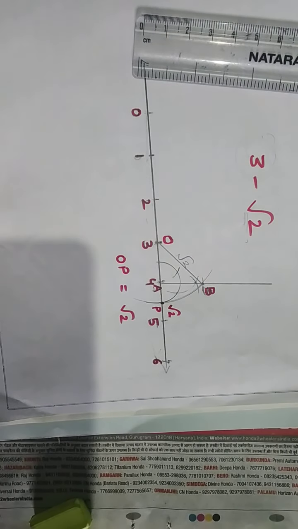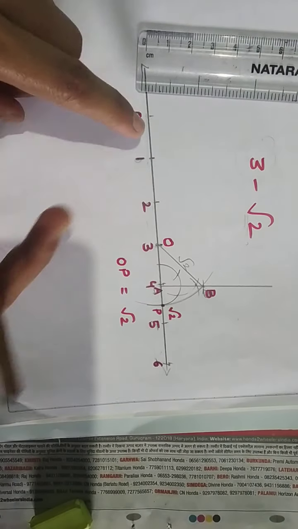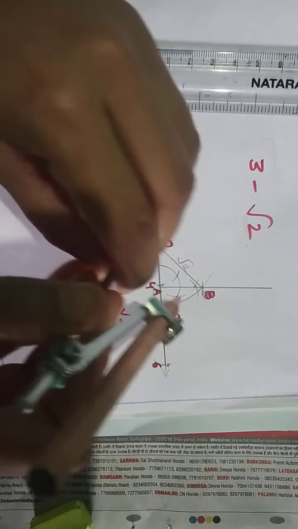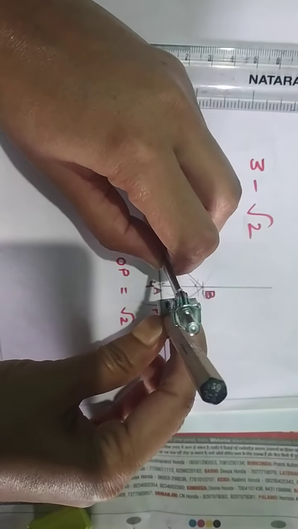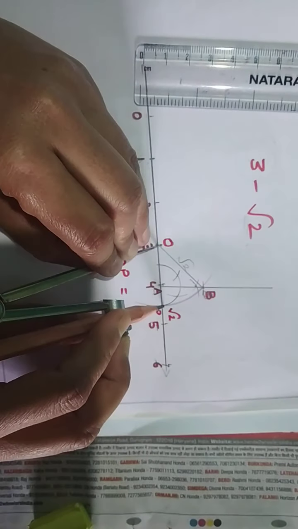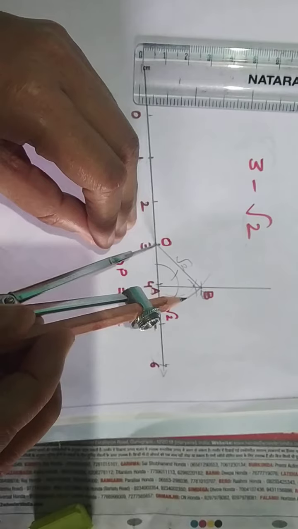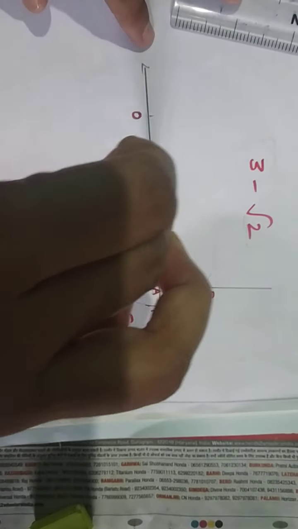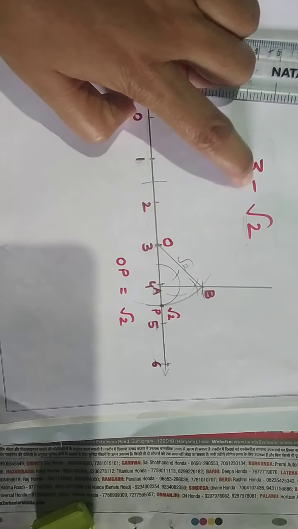But this time we have to draw minus under root 2, means 3 minus under root 2. So this distance you are going to cut. This O to P is under root 2. So from O to P, after measuring this distance, you will cut an arc this side, because 3 it is minus under root 2.